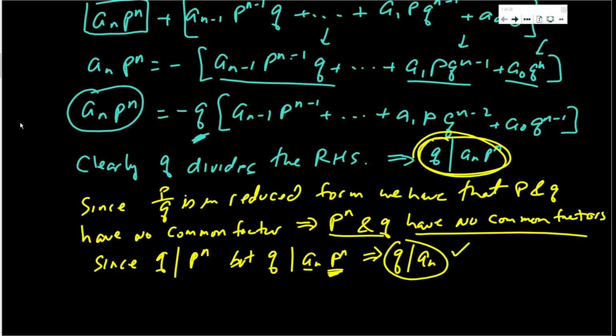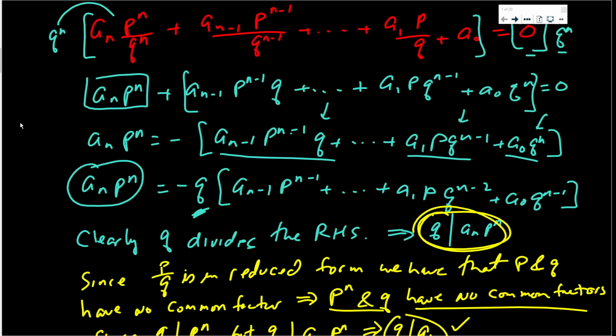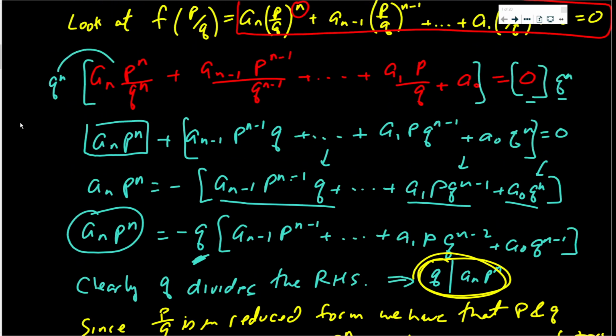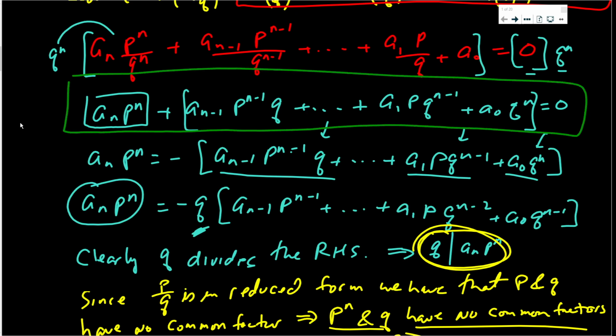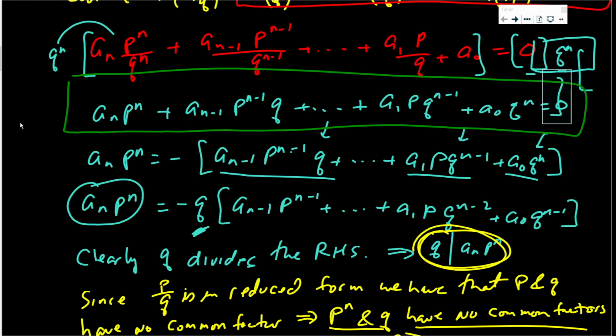Now what we want to do is prove that p divides a_0. So we'll come back to this equation right here. And I'm just going to remove these boxes and brackets for a moment. Okay, we're going to use that equation.